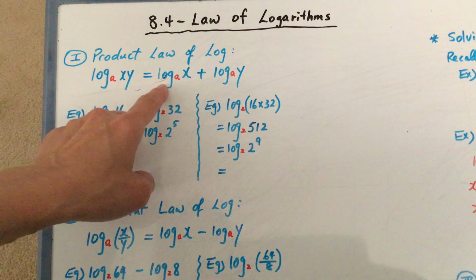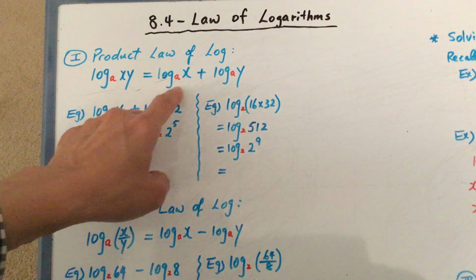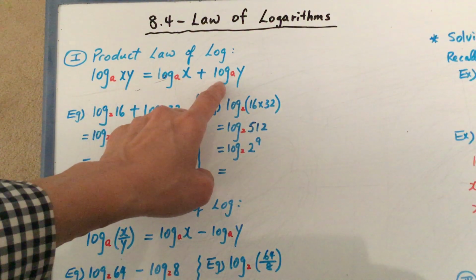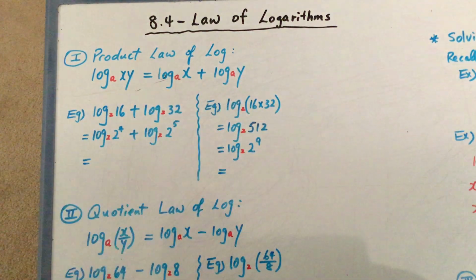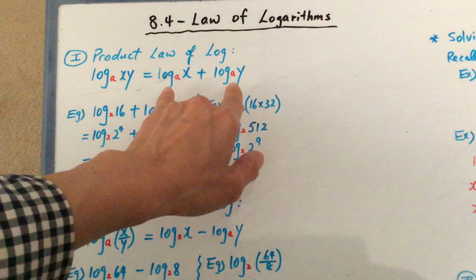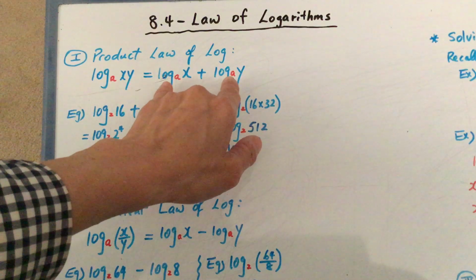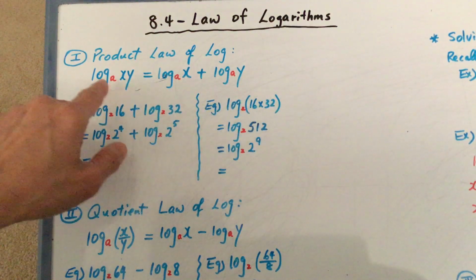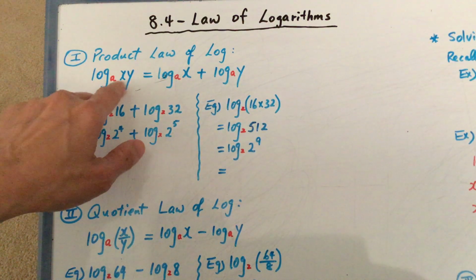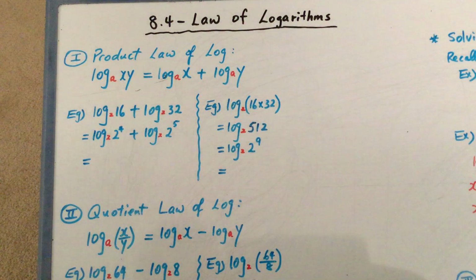So it's the same base, log a of x plus log with the same base a of y. Okay, so these two, you can either add them or you can put them under the same log a but as a product, x times y.